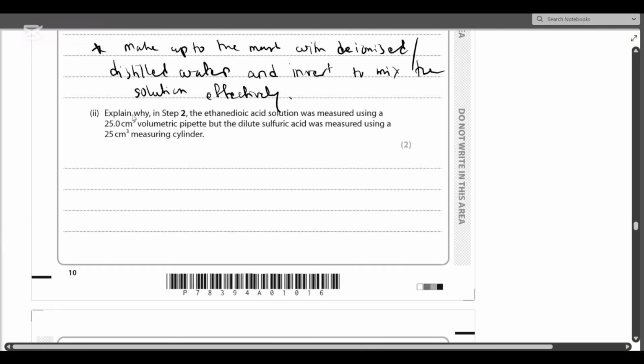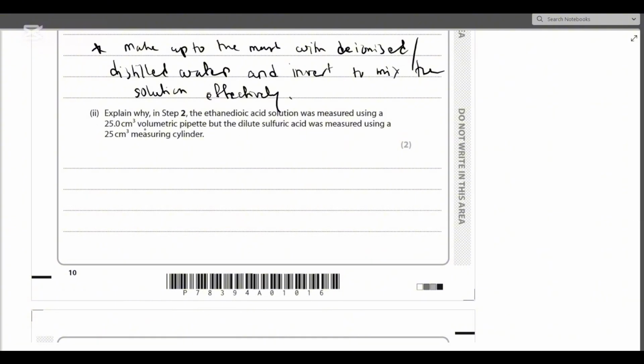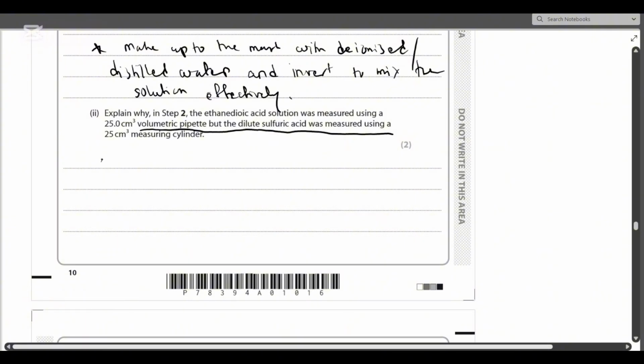Moving on, the next part is: explain why in step 2 the ethanedioic acid solution was measured using a volumetric pipette, but the dilute sulfuric acid was measured using a 25 cm cube measuring cylinder. Now, in most cases, it's pretty simple. Volumetric pipettes are much more accurate and provide much more precise measuring values compared to a measuring cylinder, which has a higher percentage uncertainty.